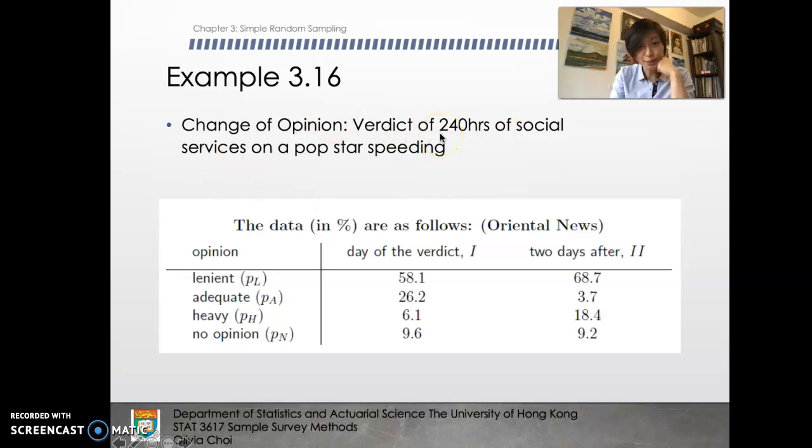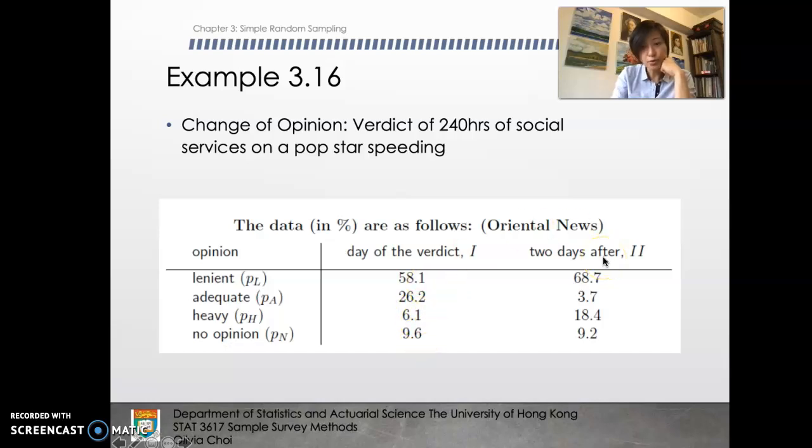I'm not putting any opinion on that, but a local newspaper did a simple random sample and asked some people whether they think this 240 hours of social service is good enough, too heavy, or too lenient. On the first day of the verdict, we have some of the figures.